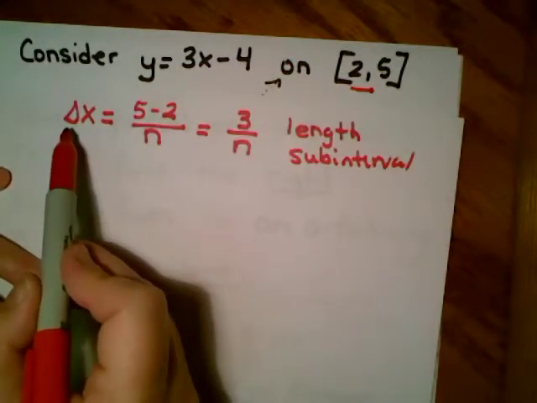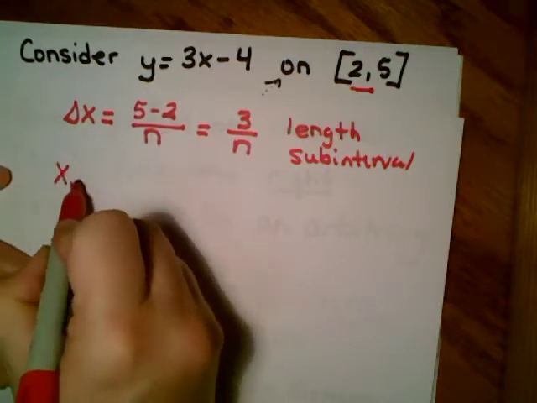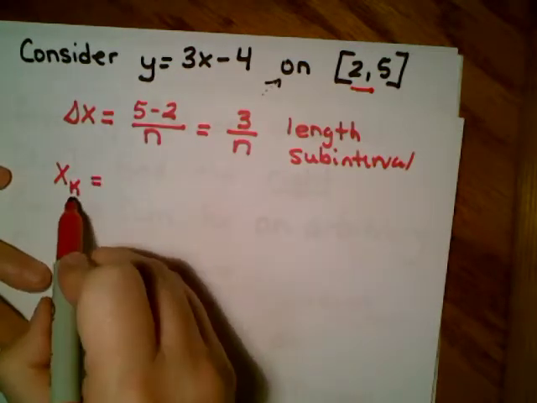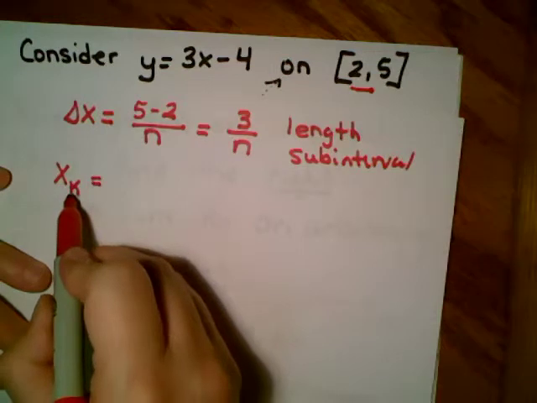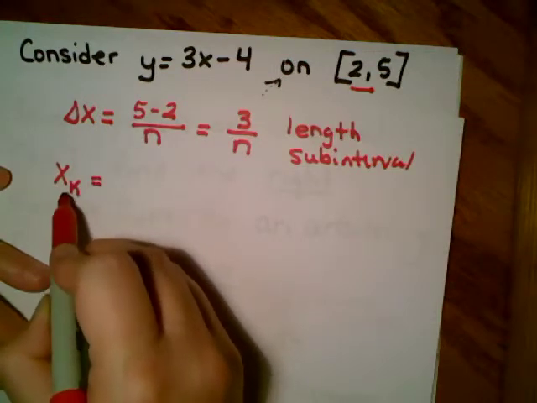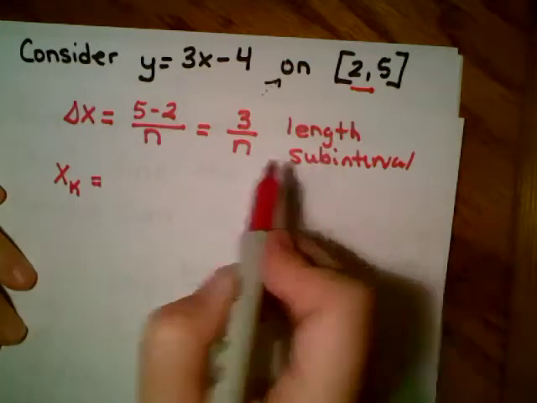Well, this quantity delta x helps us write an expression for our grid points. These are demarcations of the endpoints of these subintervals.